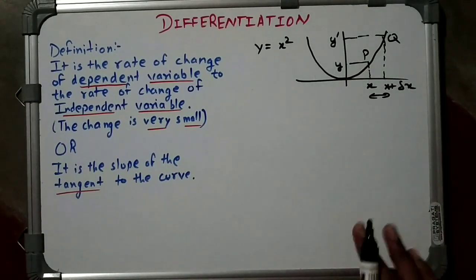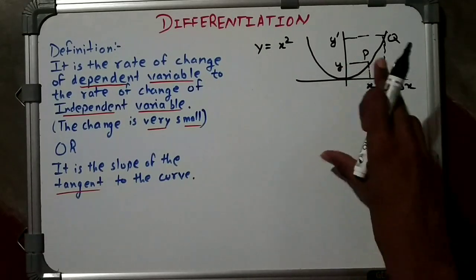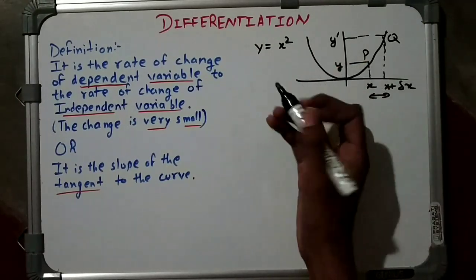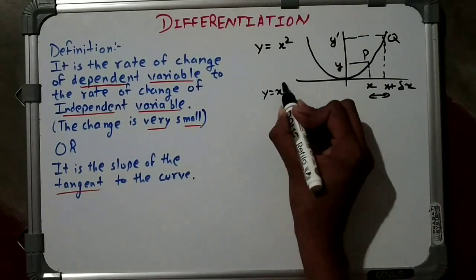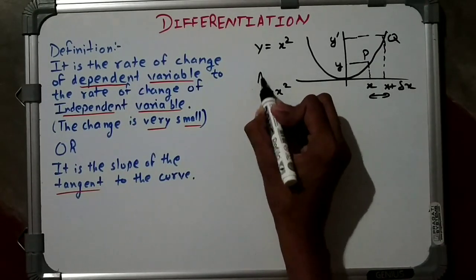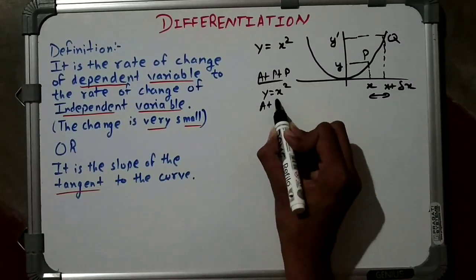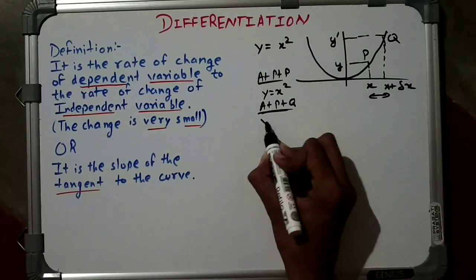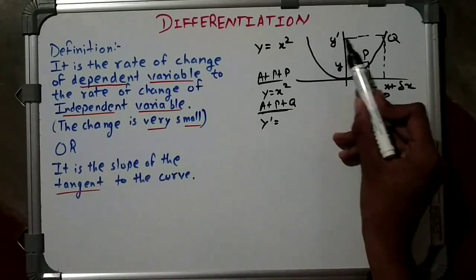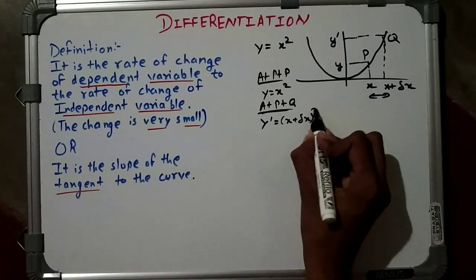Okay. So now here, first we have to understand what is the value of y here. At point P, the y value will be y is equal to x square, corresponding to this x coordinate, right? And at point Q, y dash is equal to, corresponding to x plus del x, it will be x plus del x whole square, right?